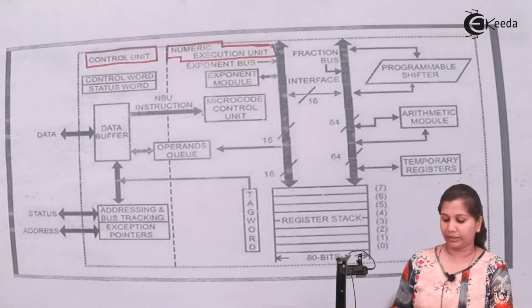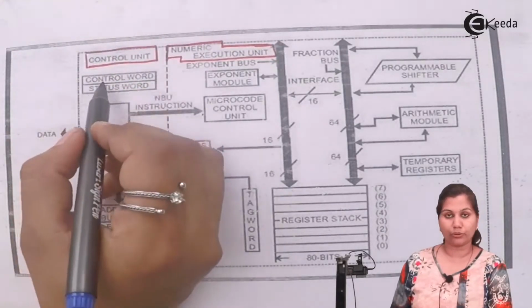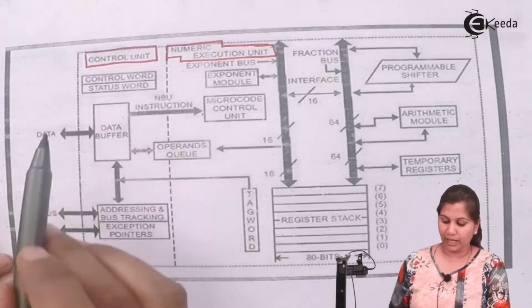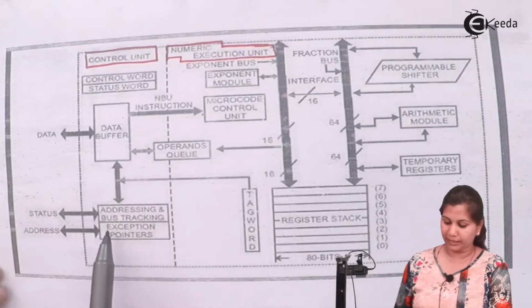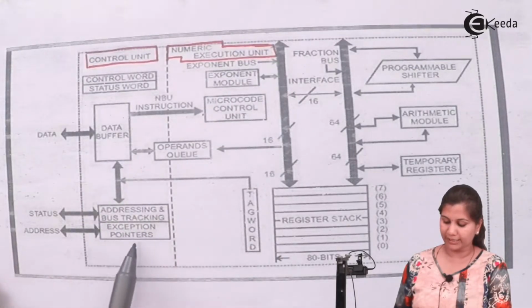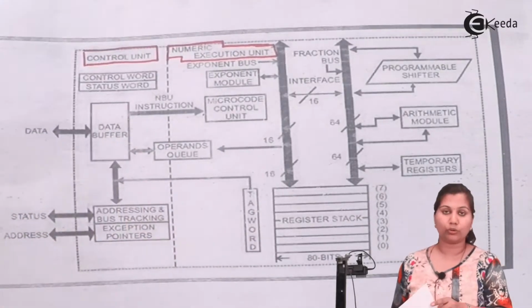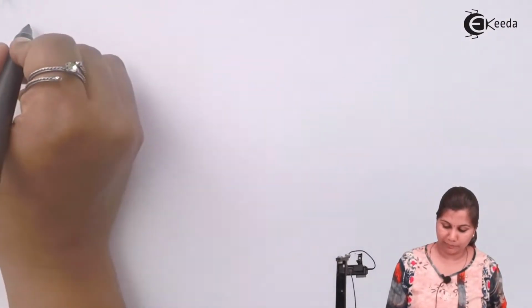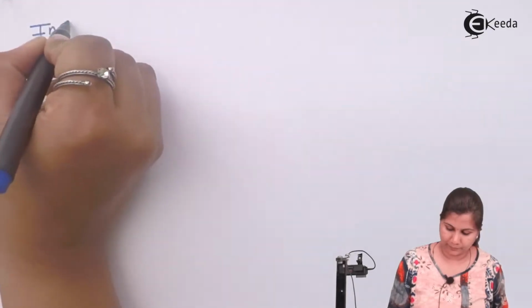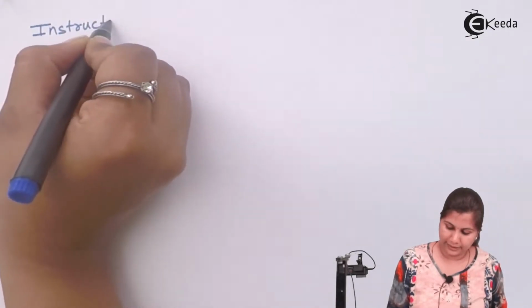Now let's come back to the control unit. In the control unit we saw the control word and the status word. Now comes the data buffer, and the addressing and bus tracking exception pointers are there. So here we have two pointers also, the instruction pointer and the data pointer.